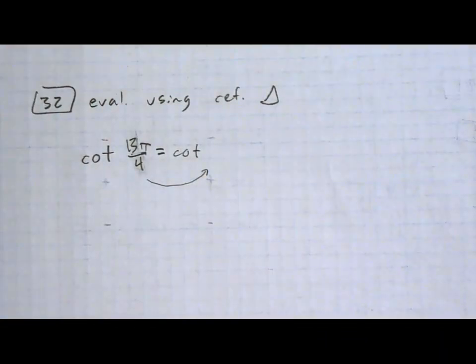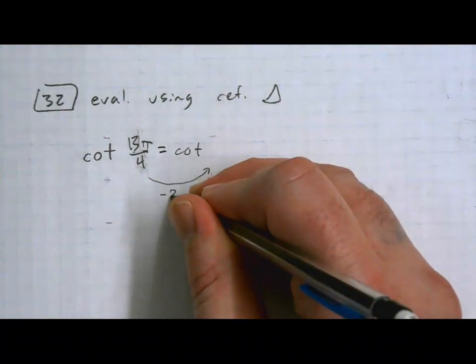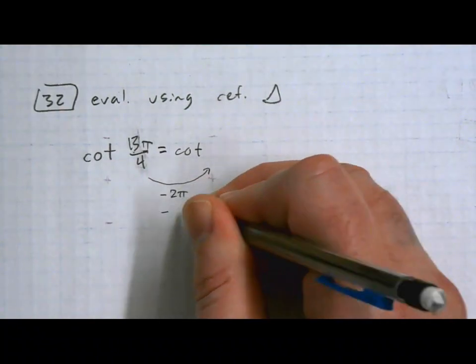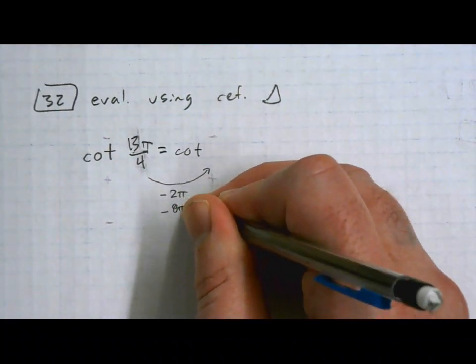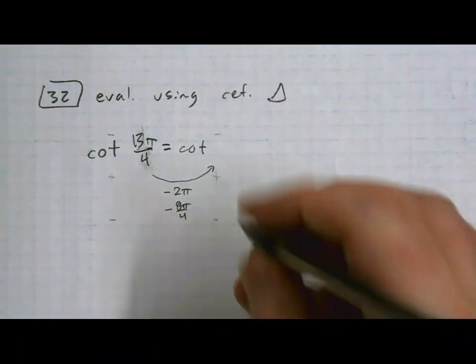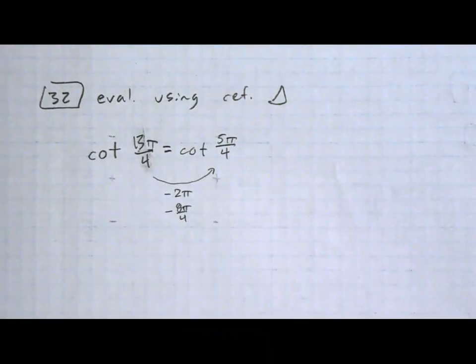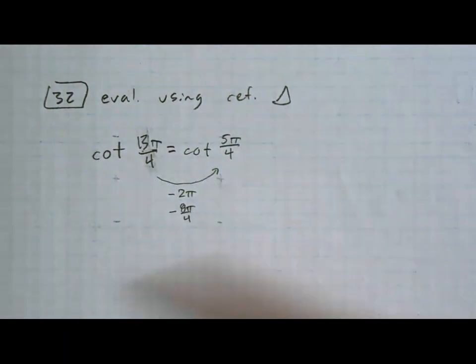I'd rather have you thinking in terms of radians. I could subtract 2 pi. Or instead of 2 pi, think of 8 pi over 4. Did you say 5 pi over 4? Yeah. Those are coterminal angles, so those would be the same.